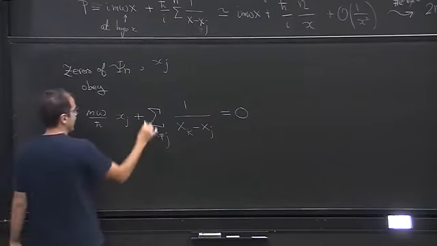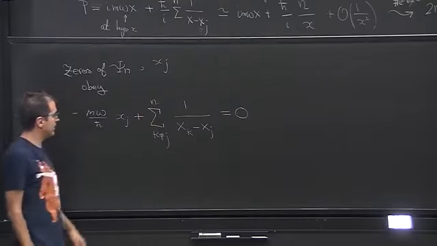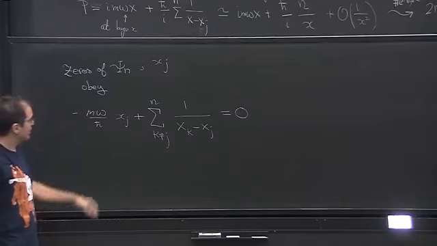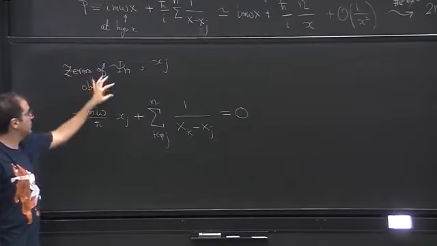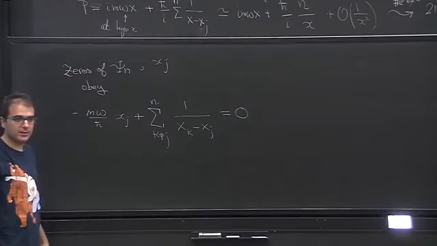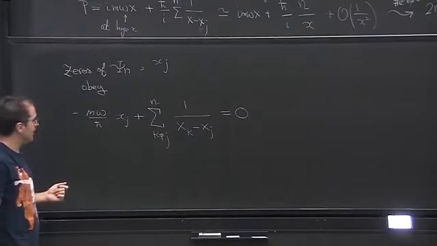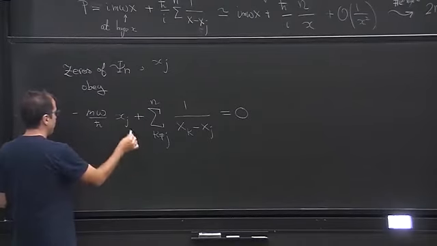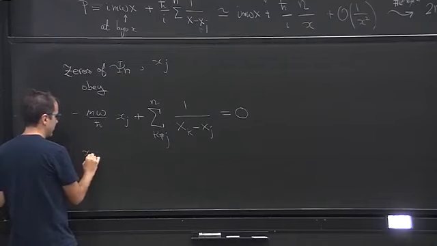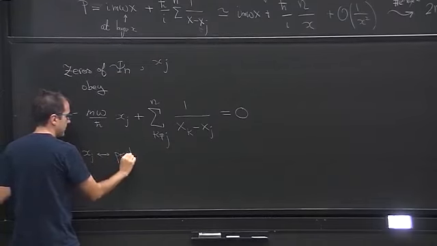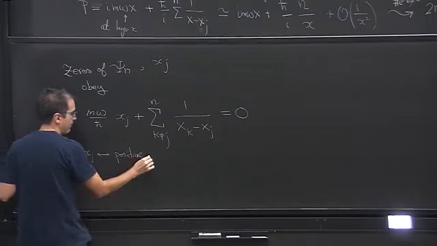So it looks like we were trying to solve the harmonic oscillator and we got some equation for the position of the zeros of my wave function that looks itself like another statistical mechanical problem. And indeed, we can think of xj as positions of particles.